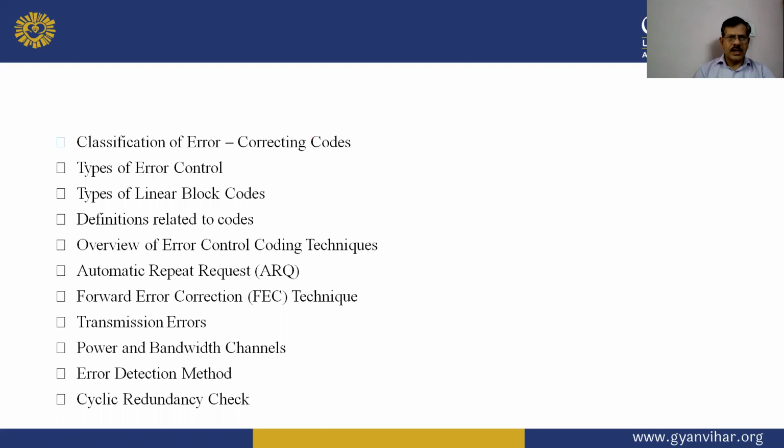Overview of error control coding technique, automatic repeat request ARQ, forward error correction FEC technique, transmission errors, and power and bandwidth channels. Next, error detection methods and cyclic redundancy check.